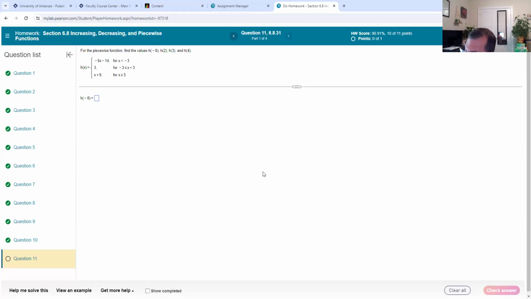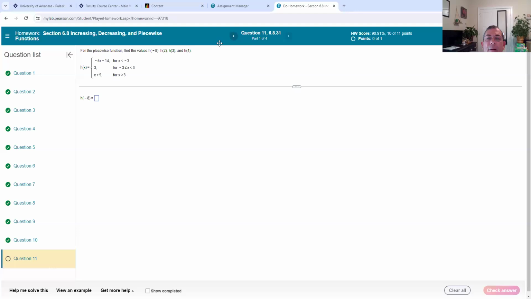And then it equals x plus 9 for any x greater than or equal to 3. They got 4 on this one: h of negative 8, h of 2, h of 3, and finally h of 4.